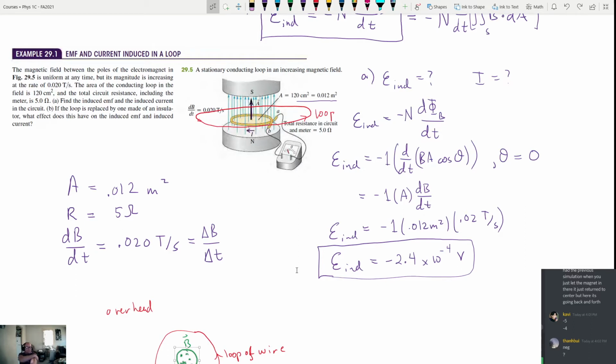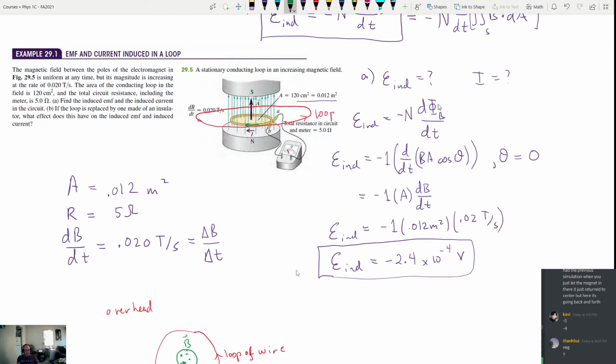So when the magnetic field points this way and your fingers sweep this way, the negative sign tells you that you have to kind of flip your thumb around like this to find the direction of the induced current. So the induced current in this case flows this way. And we're going to get more into that here as we go along. But that's what the negative sign tells you.